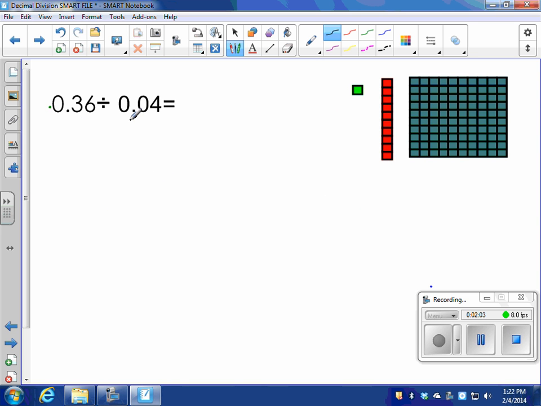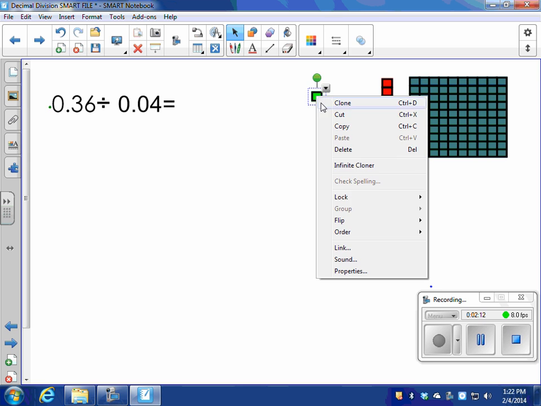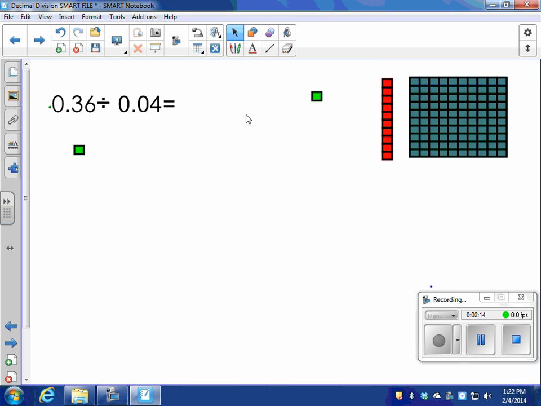If we have 36 hundredths divided by 4 hundredths, I'm going to create groups of 4 hundredths. 1, 2, 3, 4, 5, 6, 7, 8.